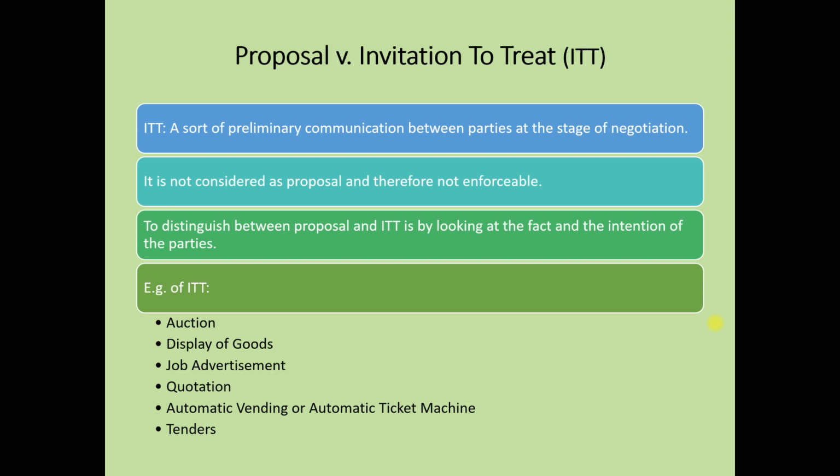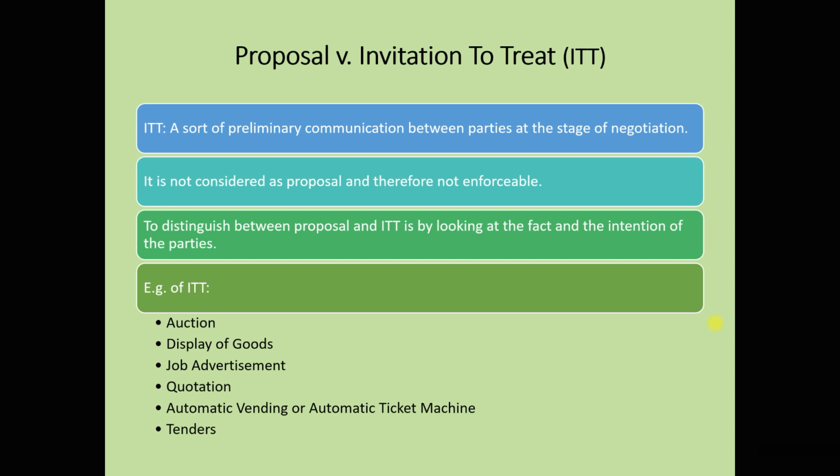So when is this kind of thing considered a proposal? For an auction, it is when the auctioneer, on the day of the auction, says once, twice, third time, and sold.